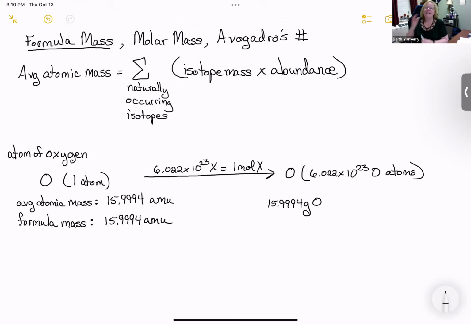Now, just to give you an idea of what 6.022 times 10 to the 23rd really is, let's take something macroscopic. Let's take a little bitty marble, no bigger than a penny type marble. If you were to stack the entire mainland USA 70 feet high in marbles, you would get 6.022 times 10 to the 23rd.